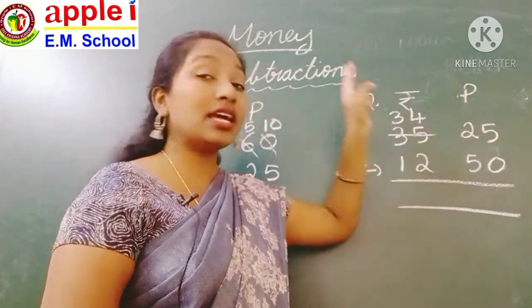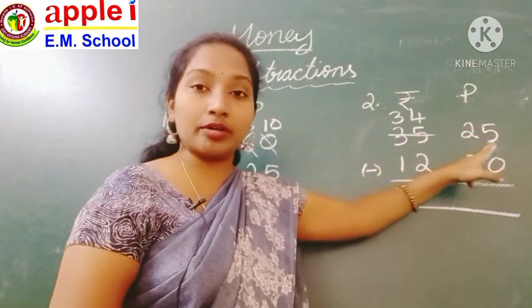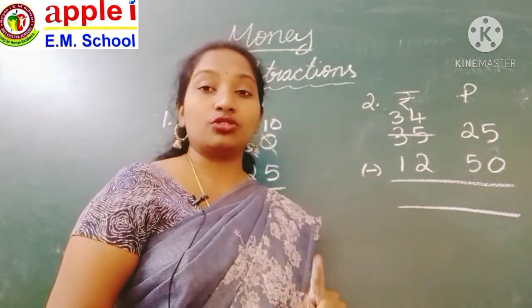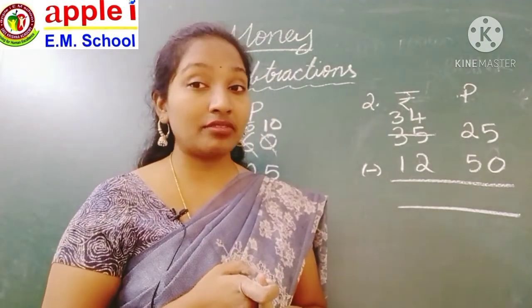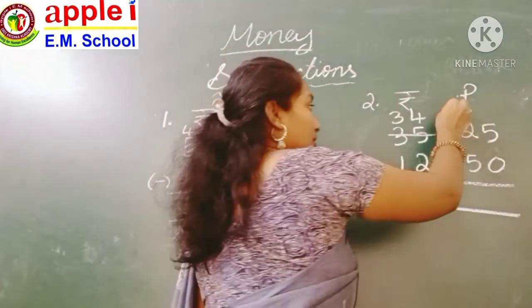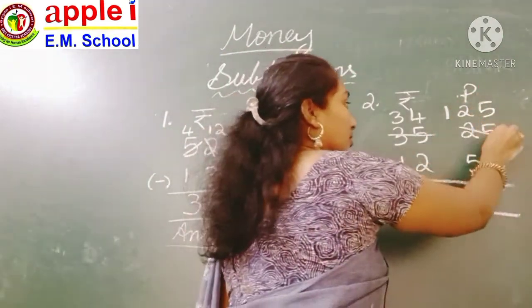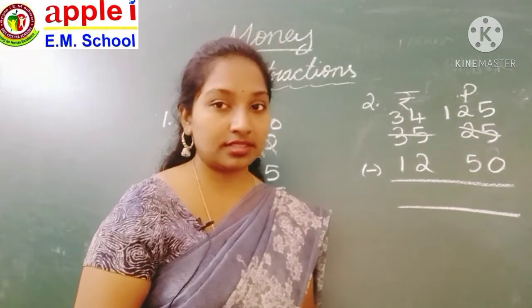For that 100, we have to add this number 25. So 100 plus 25 is 125. I am writing 125 here.